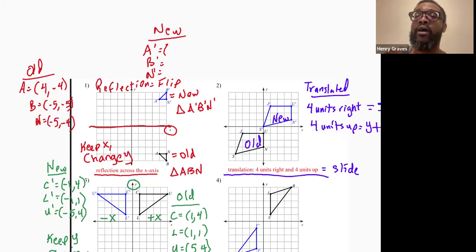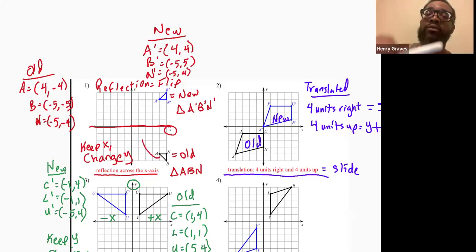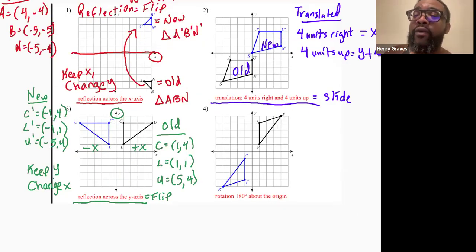I'm going to have negative 5, positive 5. And then my new N is going to be negative 5, positive 4. So I go from there to here, just like on number 3, where I went from here to here. Okay.